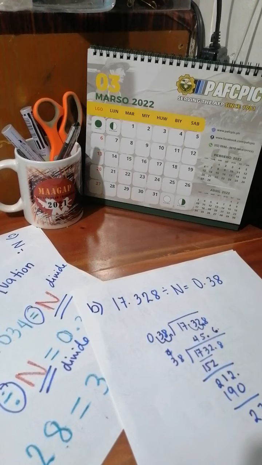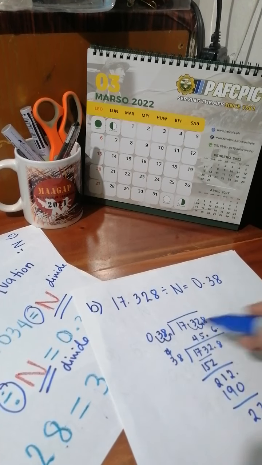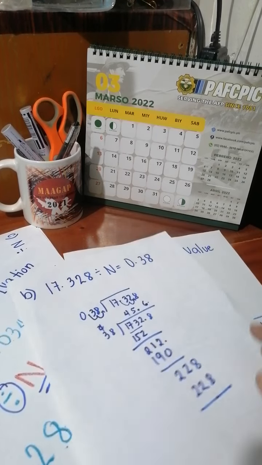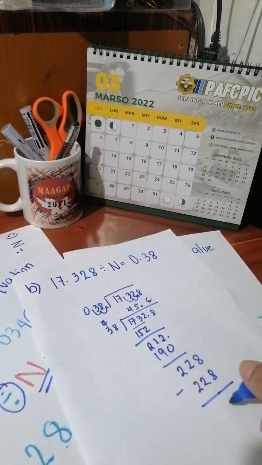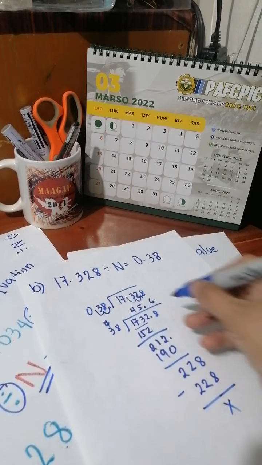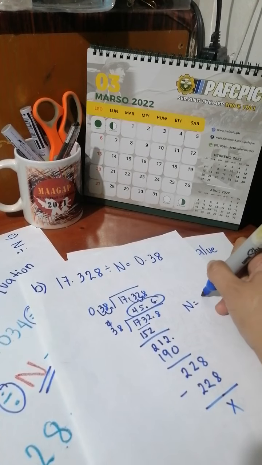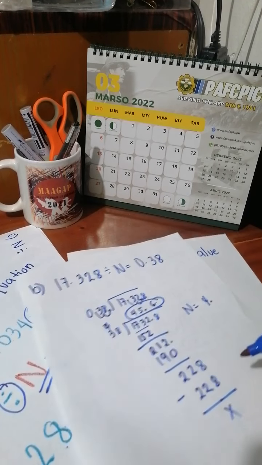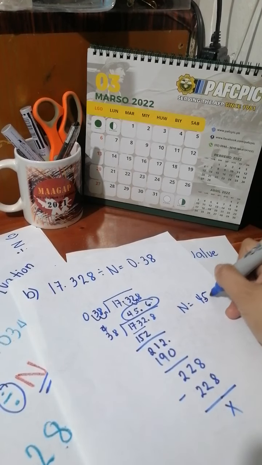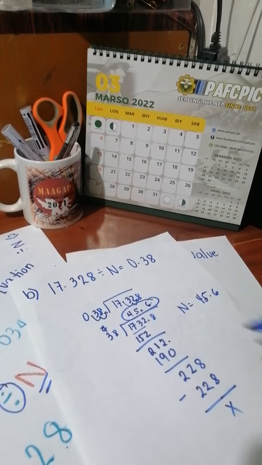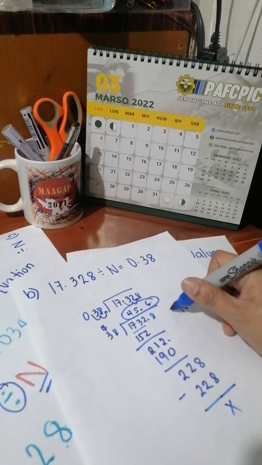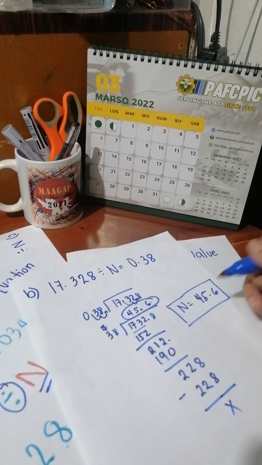So 6 times 8, that will be 48. 4, 18, plus 4 will be 22. So, you subtract that, it will become 0. So, the final answer here for the value of n is 45.6. Okay, so this is the answer, 45.6 for the value of n.